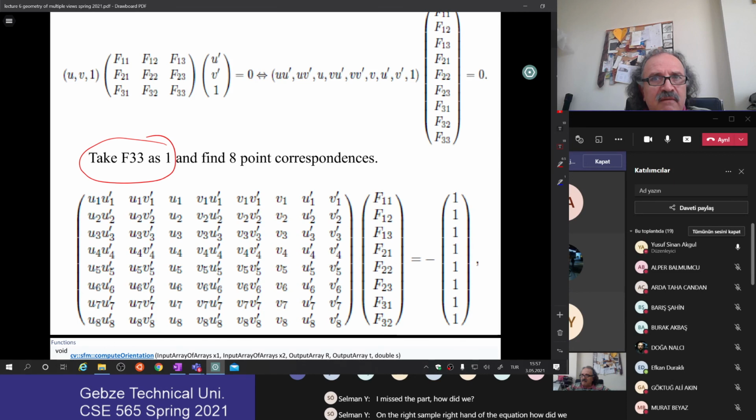K R T, right? This is the projection matrix: intrinsic parameters, rotation matrix, and the translation vector. KRT is the projection matrix. If I give you the left projection matrix and right projection matrix, it's going to give me the fundamental matrix.